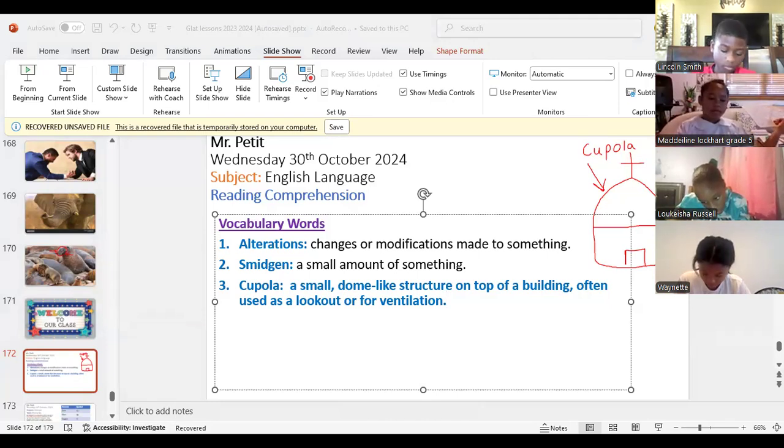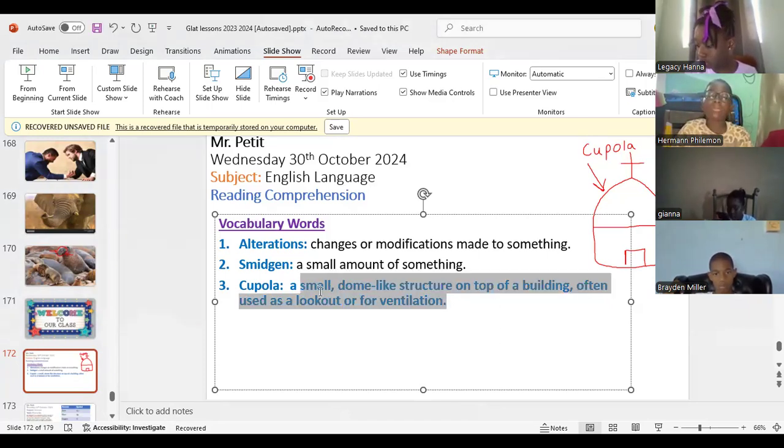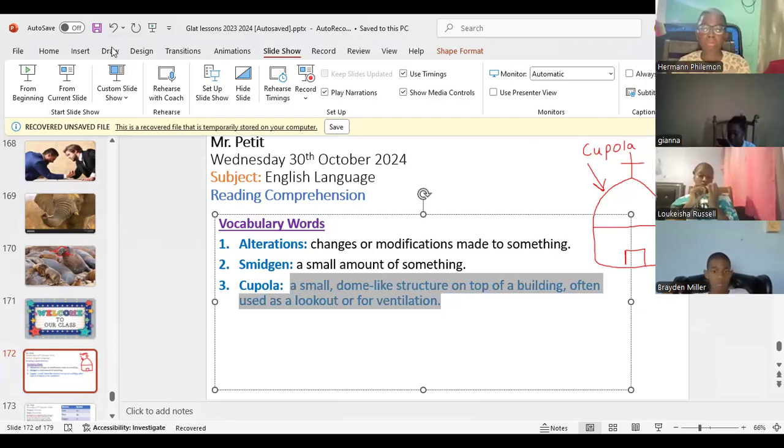Very good. And Wynette, can you read the definition of alterations? Change or modifications made to something. Very good. All right, let's go to the next word.